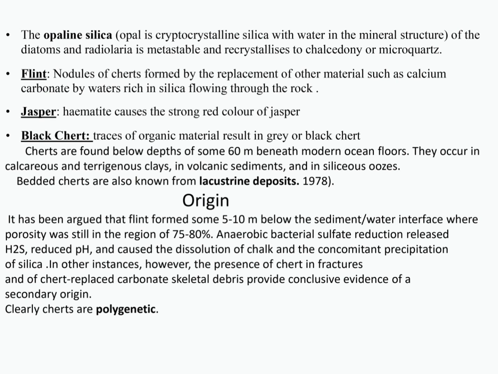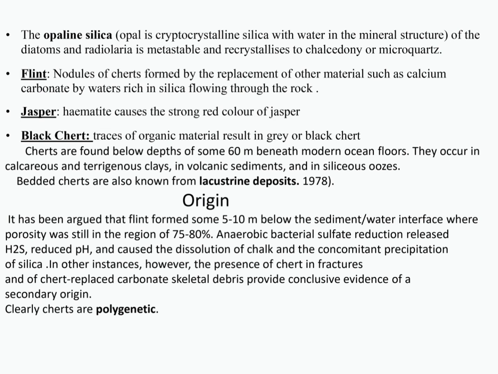Anaerobic bacteria release H2S, which decreases the pH, creating an acidic environment in which the chalk, the calcium carbonate, dissolves and the siliceous material precipitates, forming a cherty layer. This is the primary mode of origin.